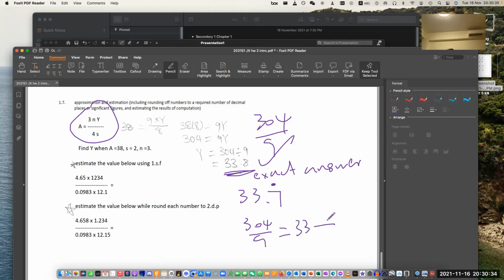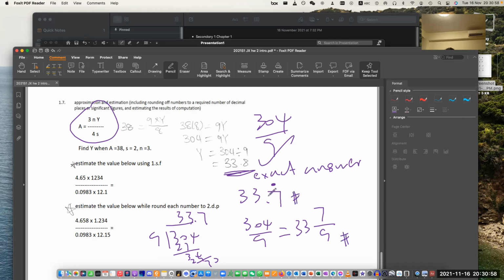So it's 304 divided by 9, which is 33 and 7 over 9. Okay, so both are accepted.